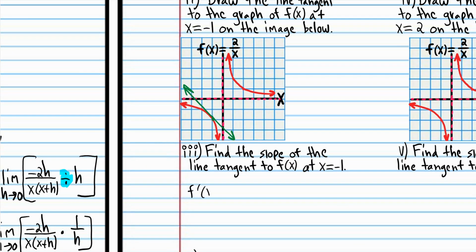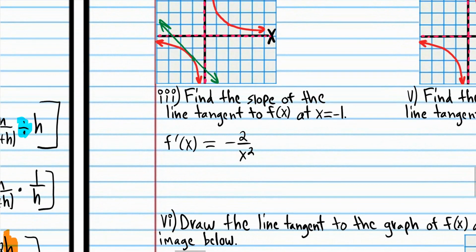Now we're going to find the slope of the tangent line using our function. We found that f prime of x is equal to negative 2 over x squared. So now we're going to plug in negative 1 for x, and that's going to tell us the slope of this tangent line, which is the instantaneous rate of change of the function when x is equal to negative 1.